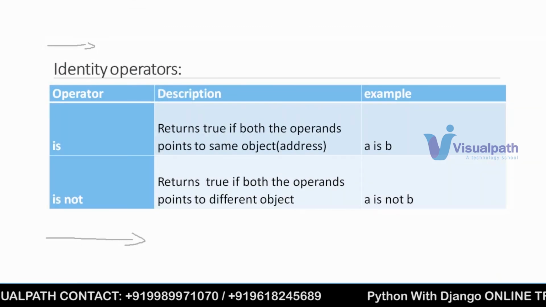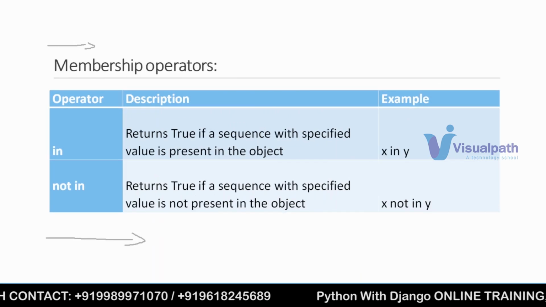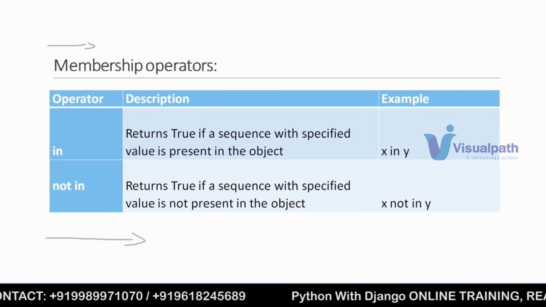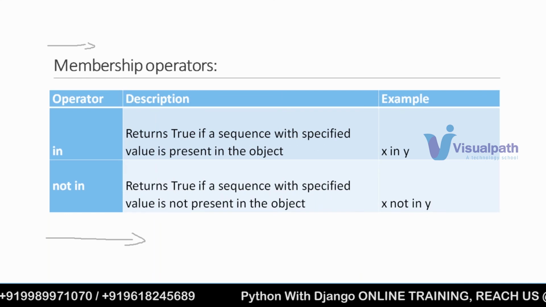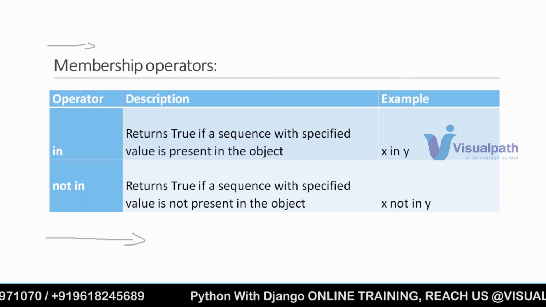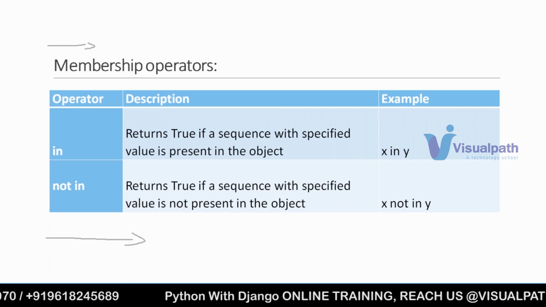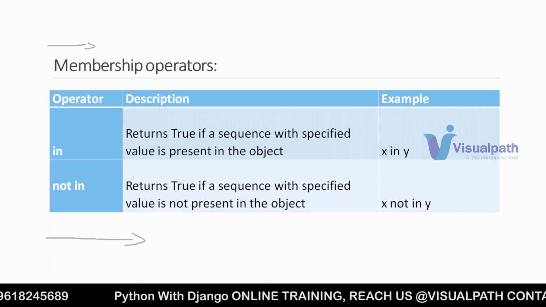Out of these two, we regularly use membership operators. Without membership operators, we are not going to build bigger applications. For smaller examples, of course, we may not be using membership operators, but this is very, very useful.